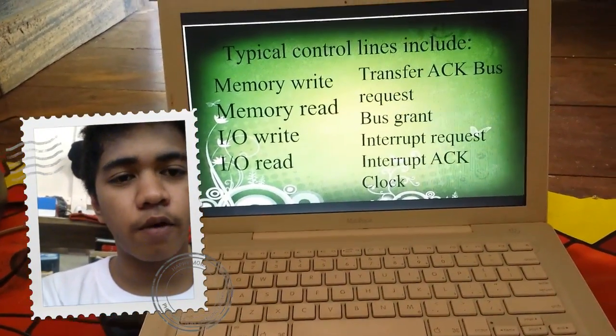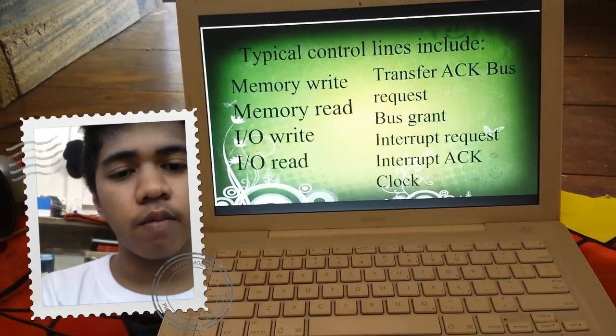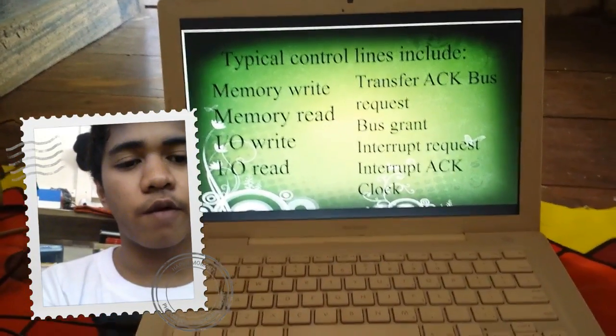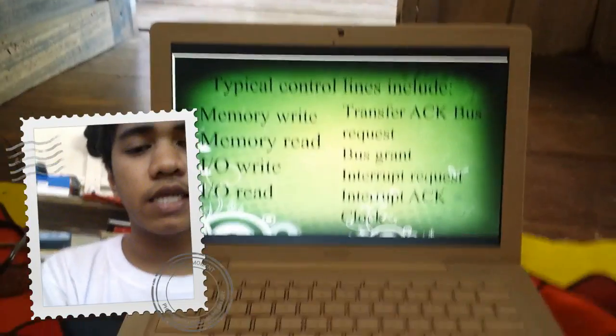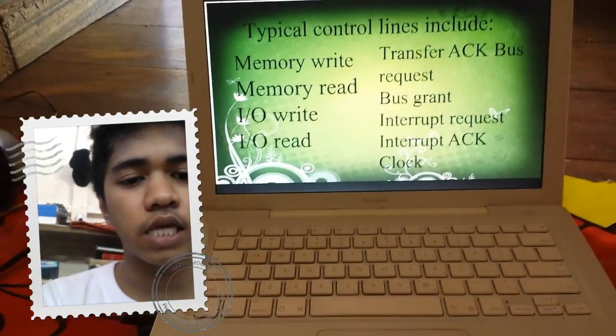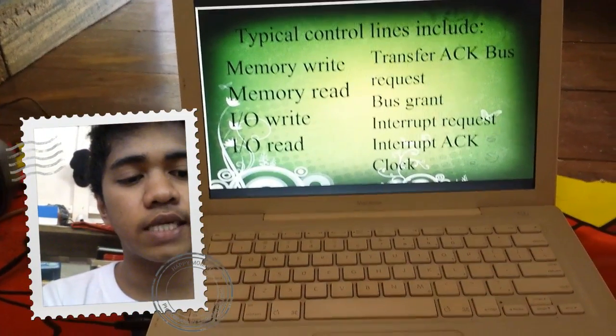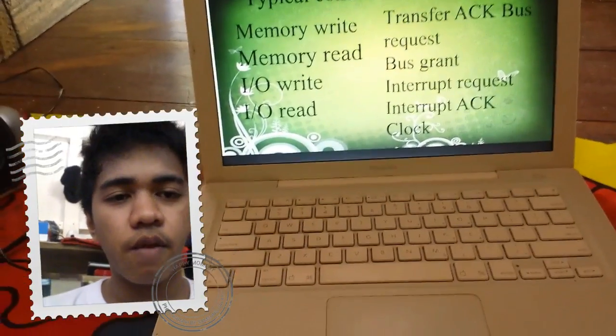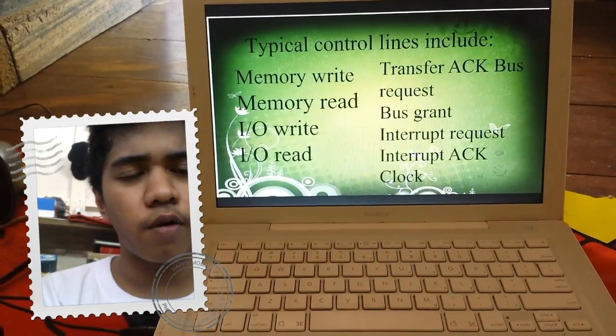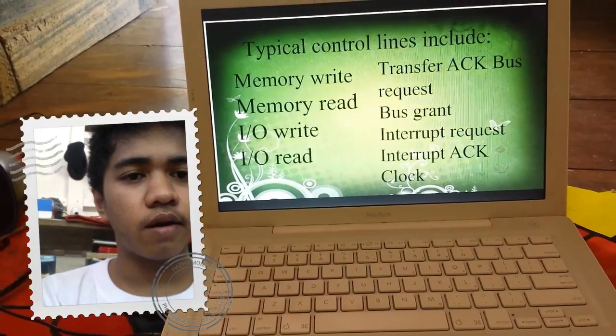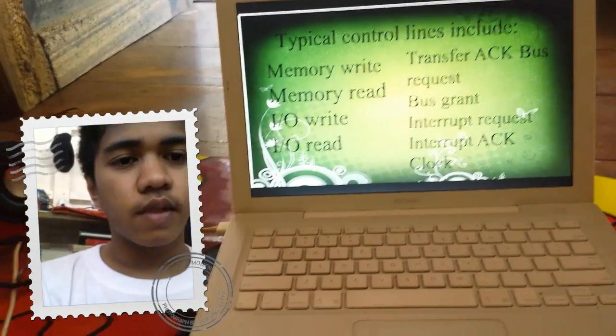The next one is memory read. It is the reverse of memory write: it gets the data from the accessed location and places it on the bus. So the functions of memory write and memory read are just reverses of each other.